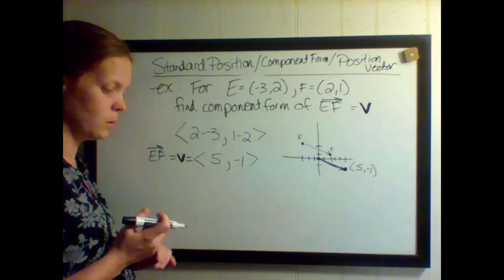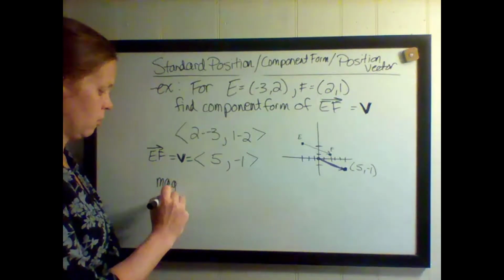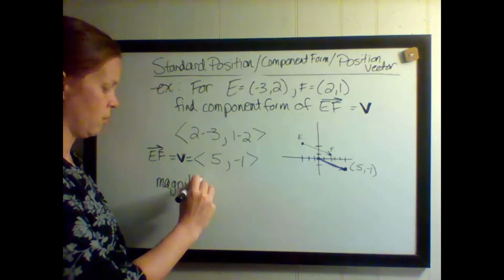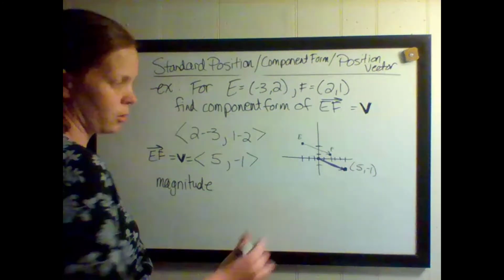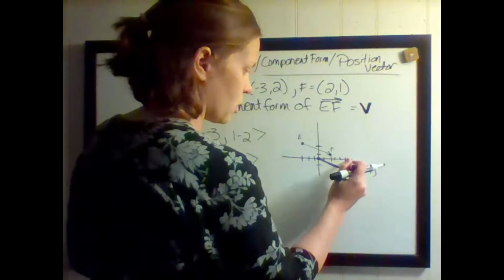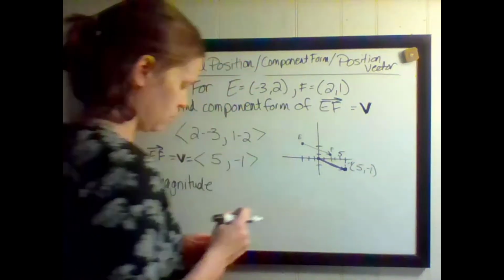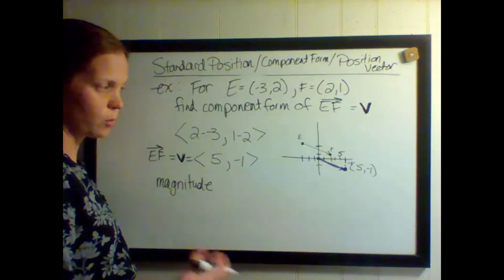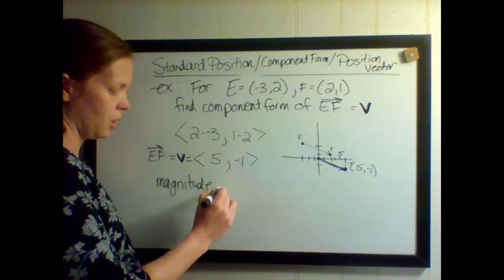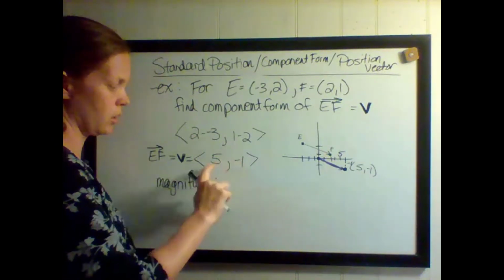So now, let's go a little further and find the magnitude. To find the magnitude, this distance right here, let's set up a triangle. This would be 5 and negative 1. So I'm going to use the Pythagorean theorem, which is just like the distance formula. It's just that now I don't need to do any subtraction of x and y values because I already did that.